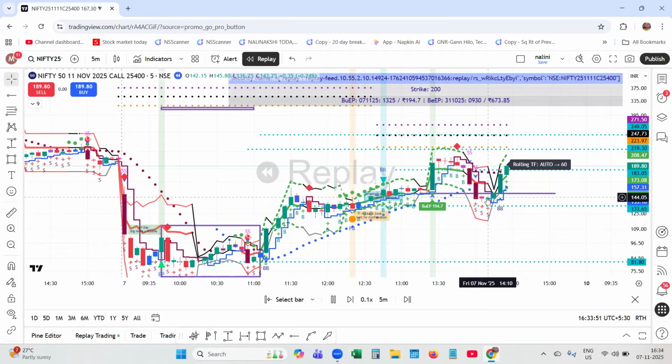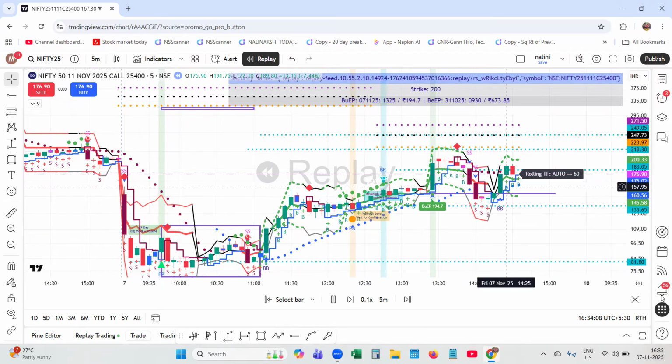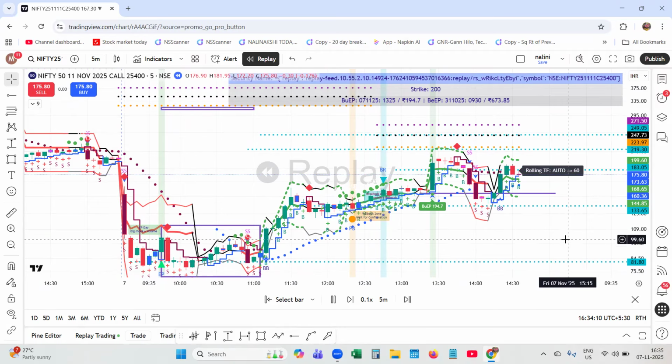From the level was around 143. If I place the cursor, I can see it as 136. From 136, it was a push up to the balance line and almost market is around 3 p.m.